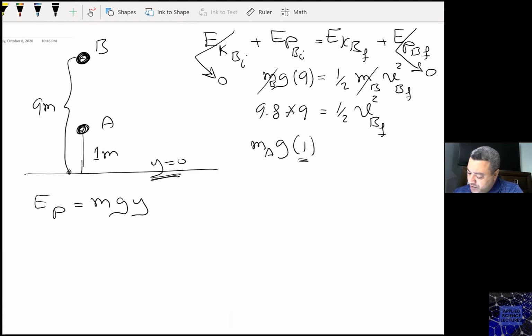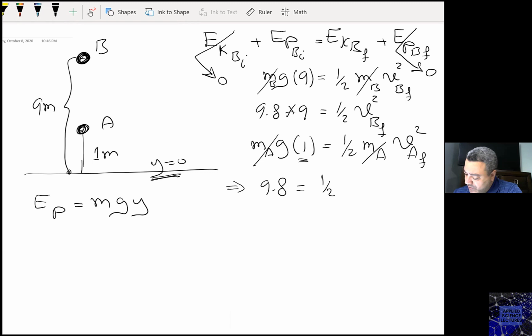So y for B is 9 meters, y for A is 1 meter, equals half MA VA final squared. MA is going to cancel, and then 9.8 equals half VA final squared.